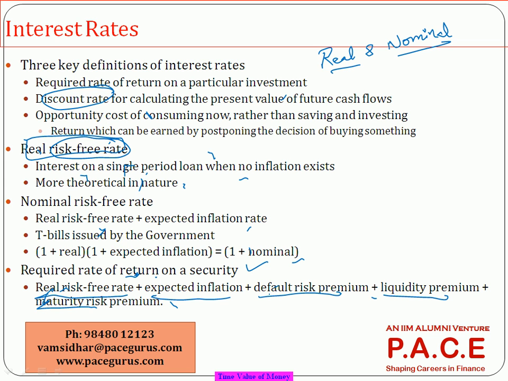The only difference there is the default risk premium is getting added up for them because they have a high chance of default compared to an established or a nationalized kind of a bank. So obviously they have to give this return, otherwise no investor is ready to invest.